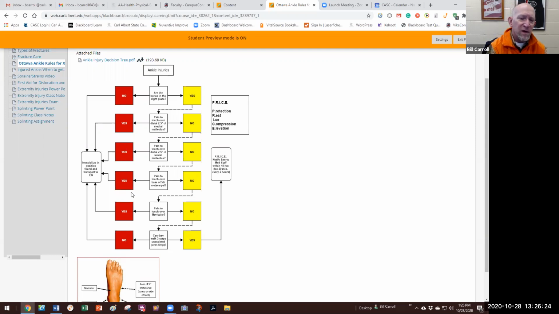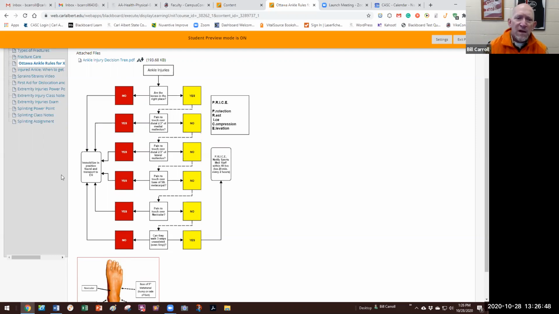I thought this would be a good spot to put this in for you guys. That way, if you ever encounter a sprained ankle, your kid, yourself, your husband, your wife, whatever, you could employ this to see if they need an X-ray. Obviously, if your gut is telling you you need an X-ray, then go get an X-ray.